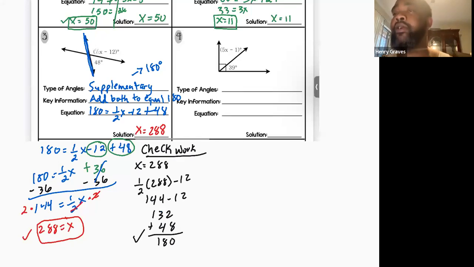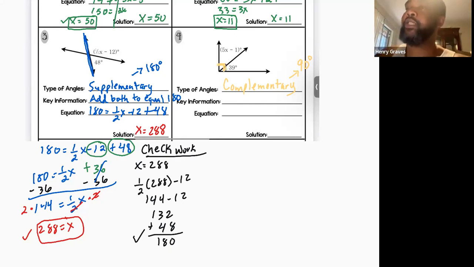So this one right here, these are complementary angles. And if they're complementary, we know that means they add up to be 90 degrees, right? And you can also tell because this is also a right triangle. The biggest angle in a right triangle is 90 degrees.